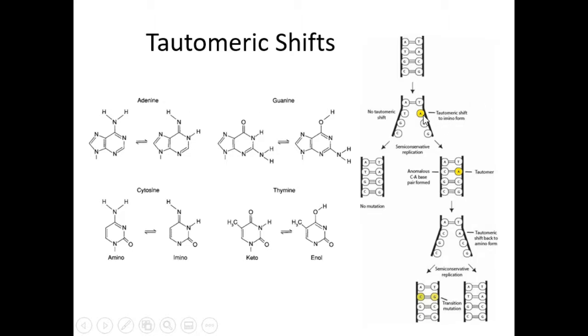So this A will be complementary to the C, so they introduce the C here. Now for the next replication, this C brings in the G on the other side, and then the complementary base goes on the opposite strand.